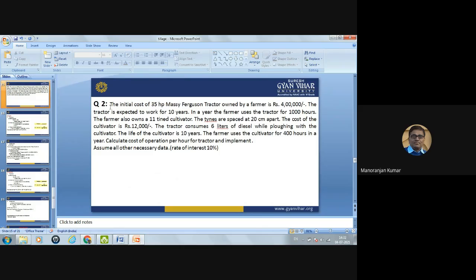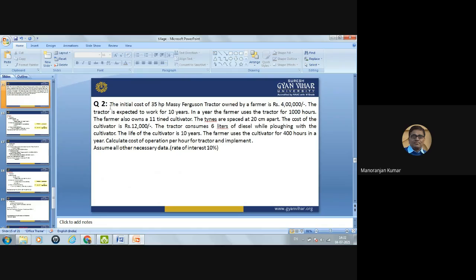So fuel consumed is 6 liters. The life of the cultivator is 10 years, means L for the cultivator is 10 years. The farmer used the cultivator for 400 hours in a year. Means H, the number of working hours per year for the cultivator, is 400.